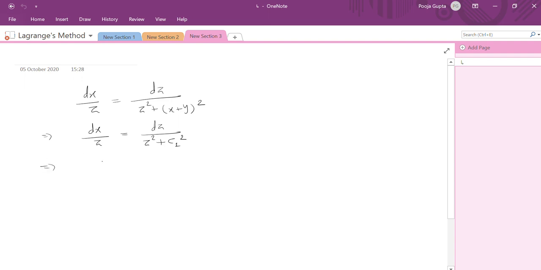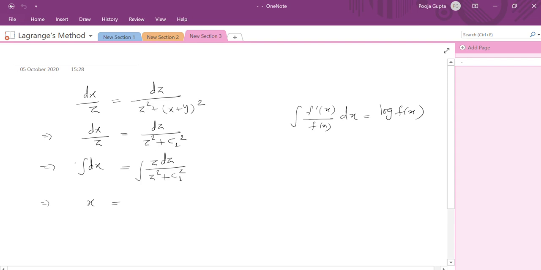Now we can see that we can integrate this easily. This will be z dz upon z square + c1 square. After integration, this will be x = what will be the integration of this? We know the integral of f'(x) upon f(x) dx is nothing but log f(x).